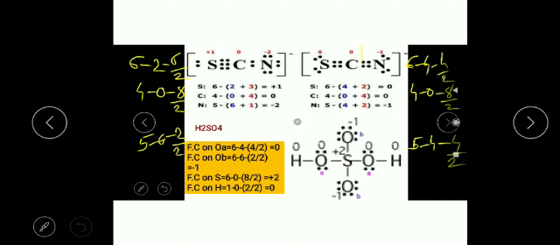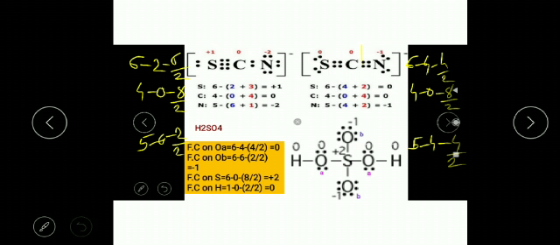So the answer is 0. For carbon, 4 is valency, minus 0 because no lone pair is there, minus 8. These 4 and these 4 become 8 divided by 2. So the formal charge is 0.